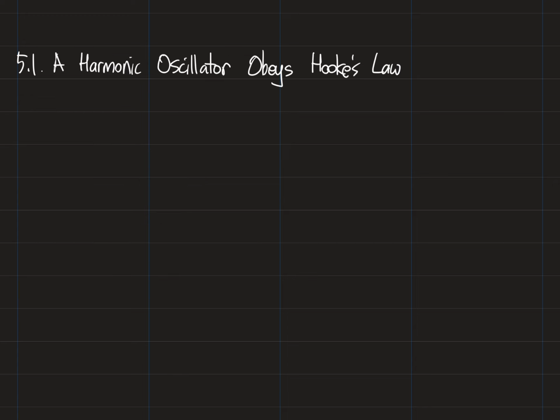Okay, section 5.1, the harmonic oscillator obeys Hooke's law. So let's begin with the classical picture. Imagine a simple system, something like a mass M. The particle is connected to a stationary wall by a spring.